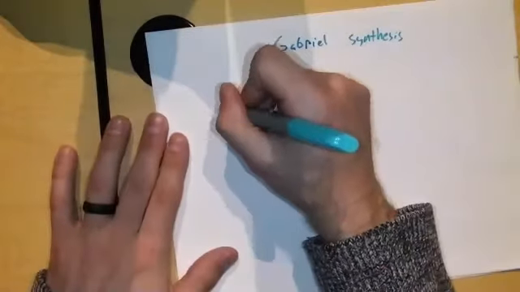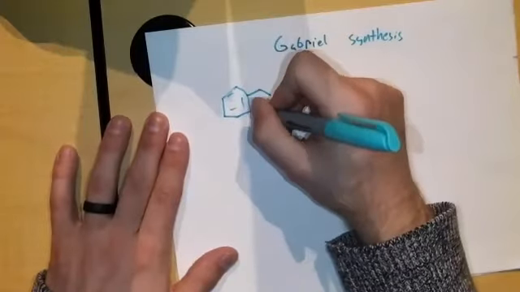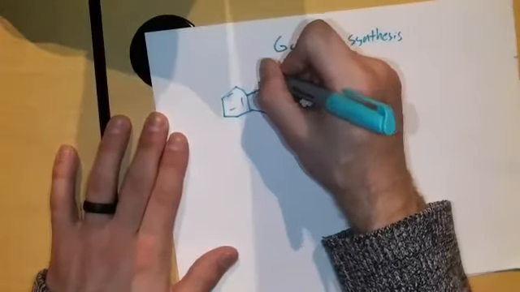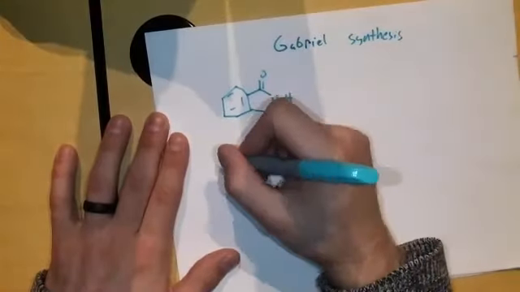So what this is going to involve is a reagent called phthalimide. There's kind of this diamide here.